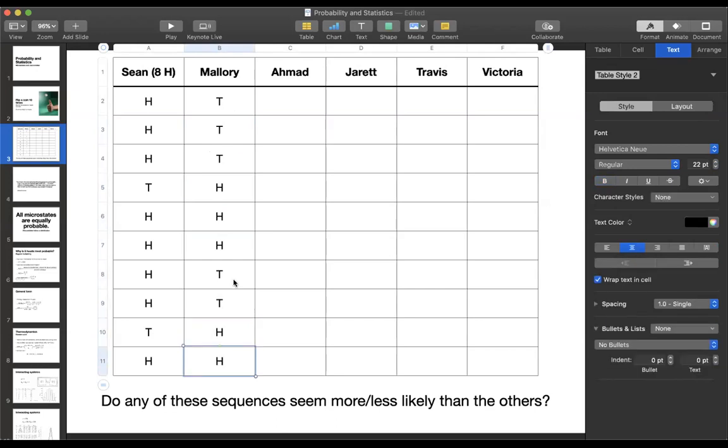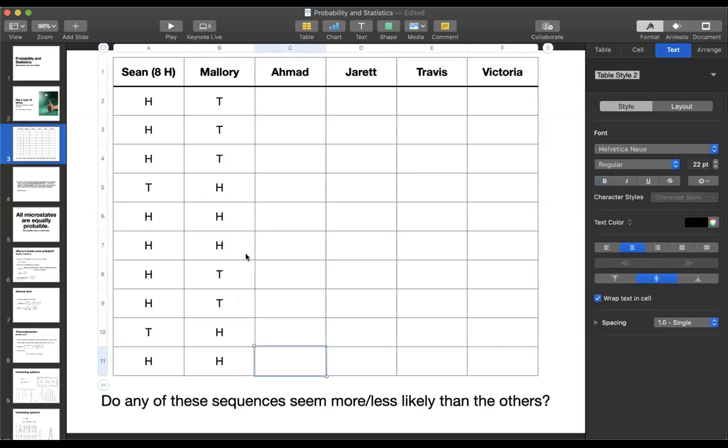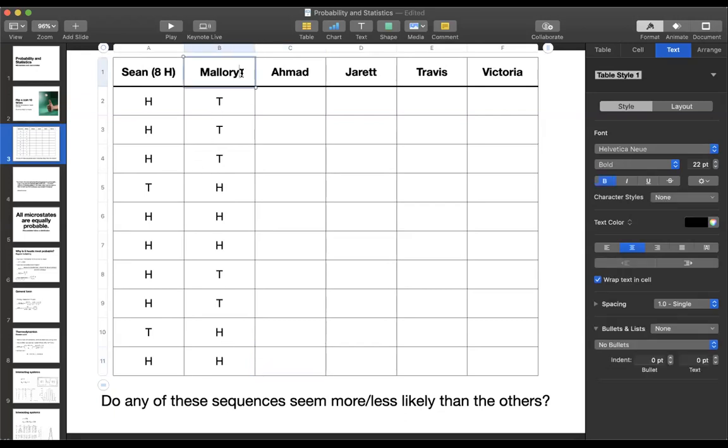Okay, and did you count that up? How many heads? Is that 5? T T T H H H T T H H. Okay, so that's 5 heads, if I counted that right.